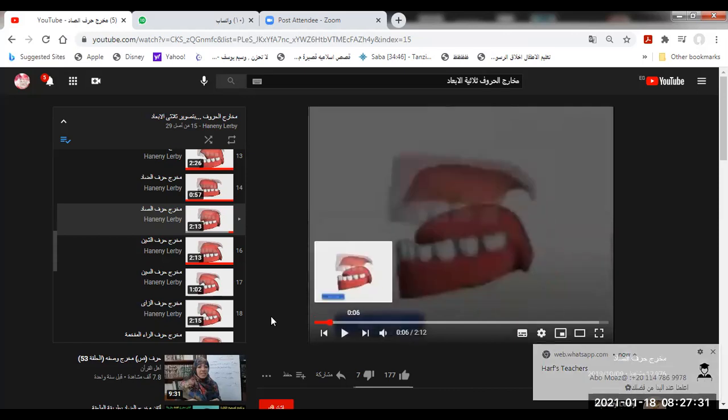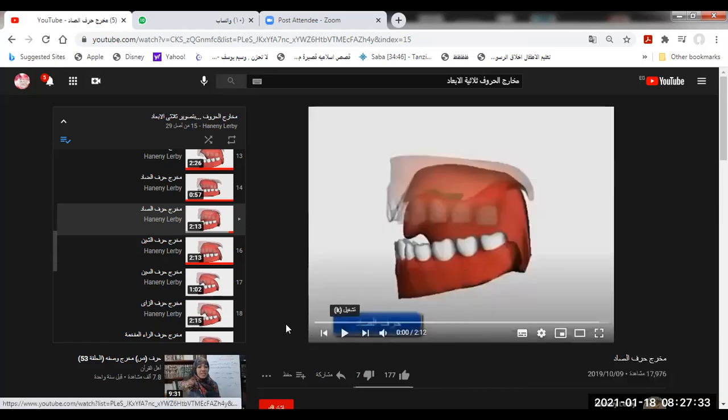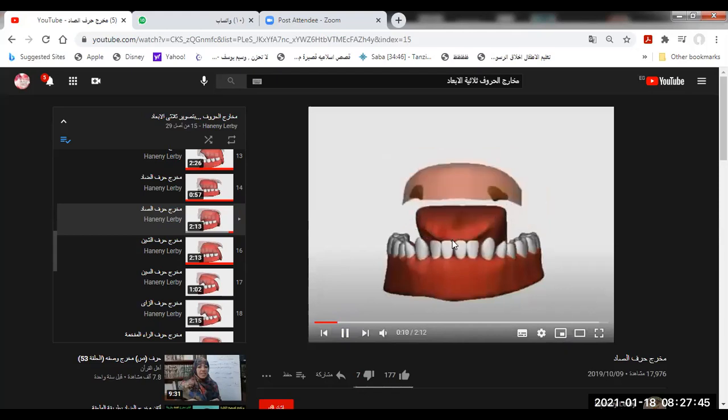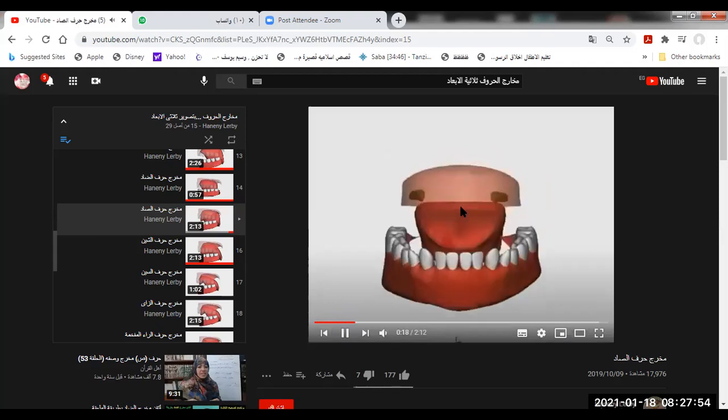Okay, from the beginning again, look carefully. The back of the tongue is raised up, the tip of the tongue is at the lower incisors. We have a hole, the middle of the tongue is a little down.